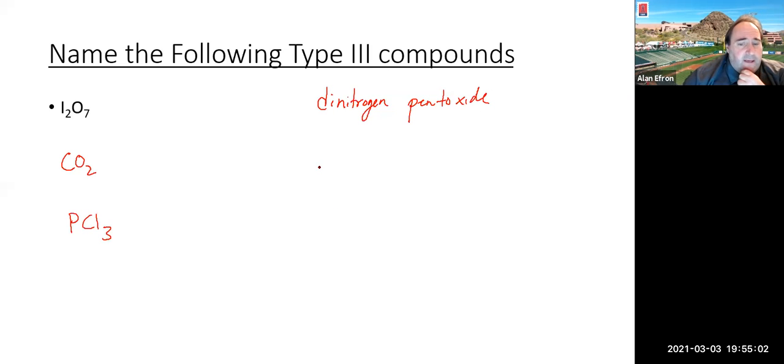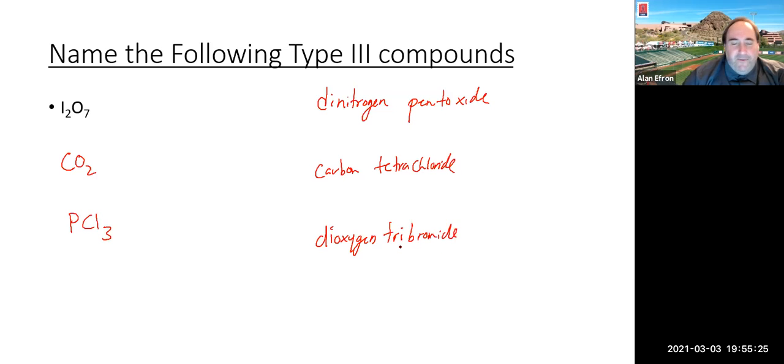Let's do carbon tetrachloride. And let's do dioxygen, I'm just making this up, tribromide. Why not? I'm sure that exists, but we'll go with it.